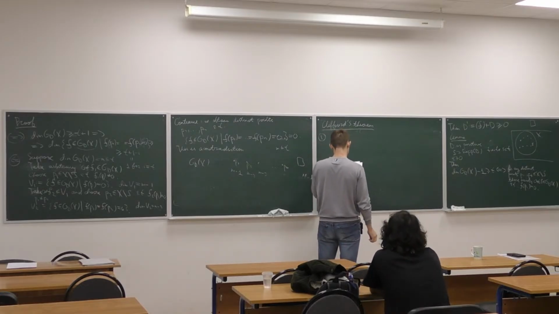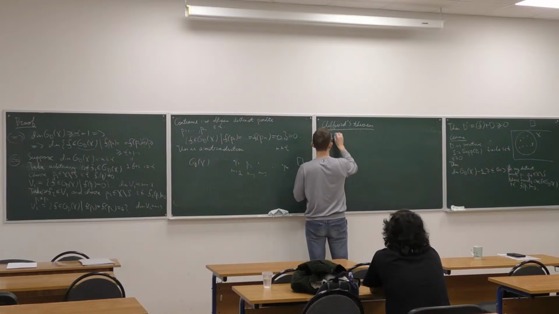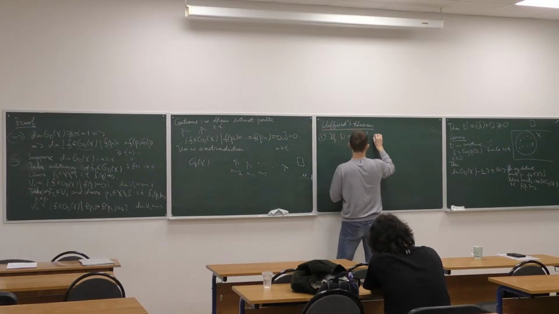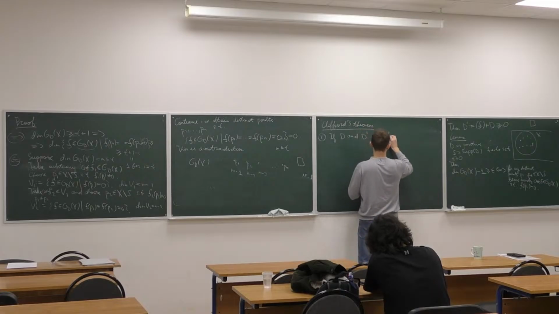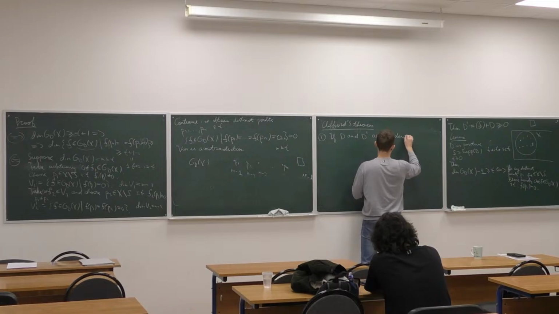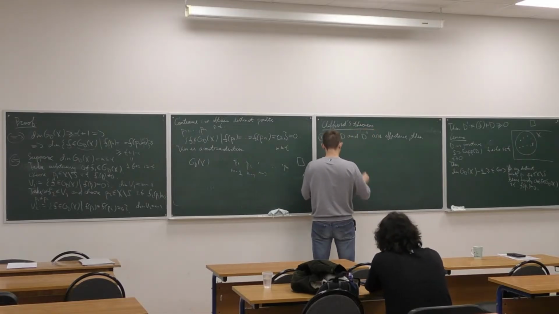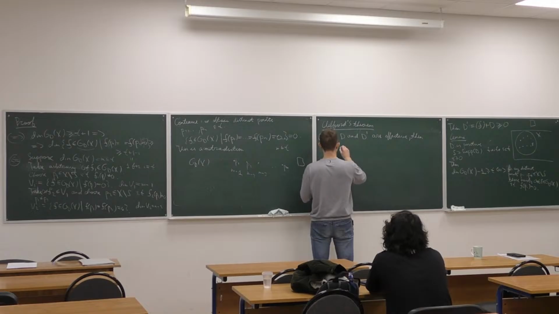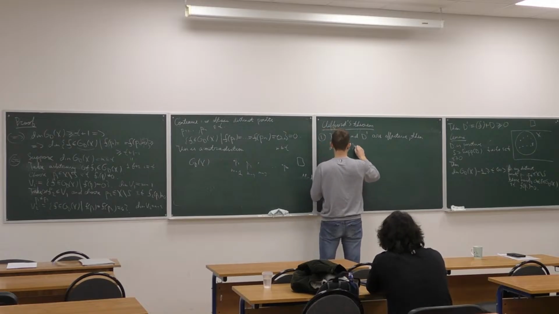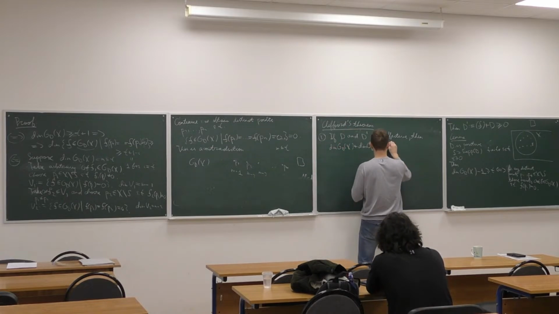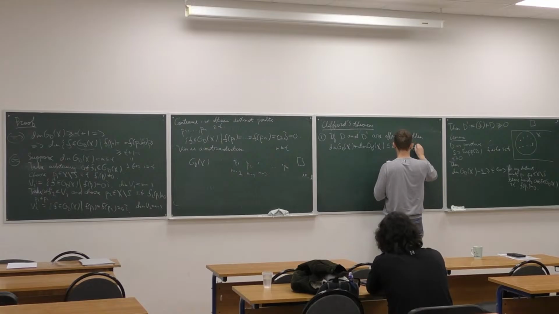The first part says that if divisors D and D prime are effective, then the dimension of OD of X plus the dimension of OD prime of X is less or equal than the dimension of OD plus D prime of X plus 1.